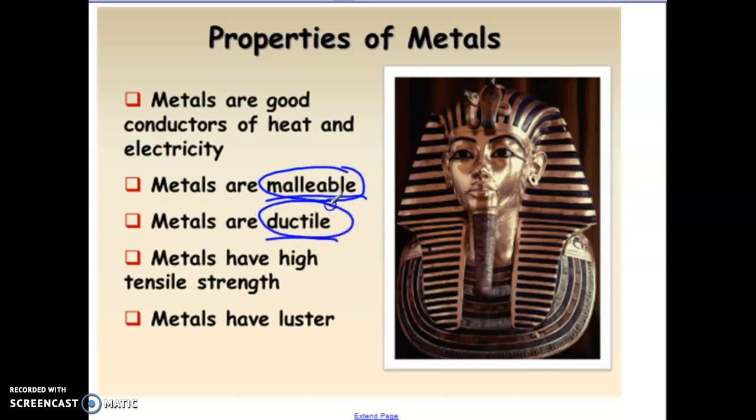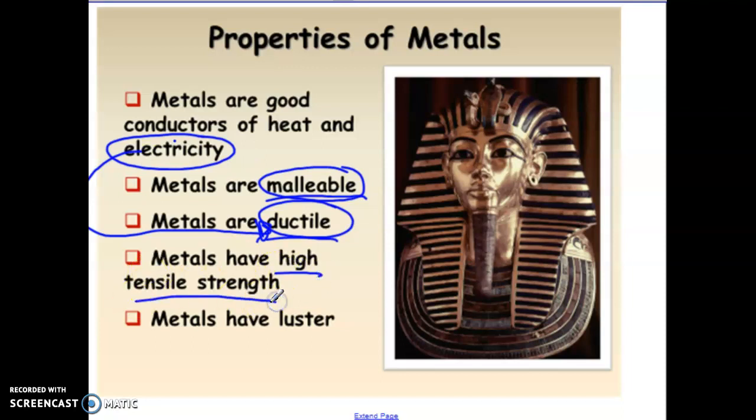Ductile is a property where you can make it into very, very thin wires. Since metals conduct electricity and can be made into wires, that's a win-win situation, right? Electricity is able to move through them, and they're also able to be made into wires.